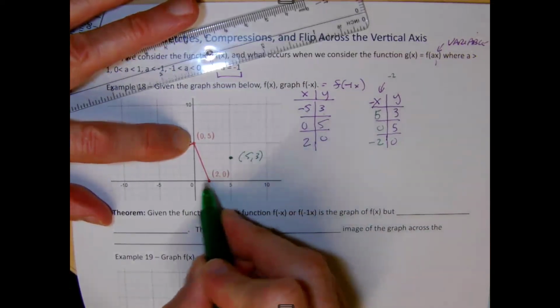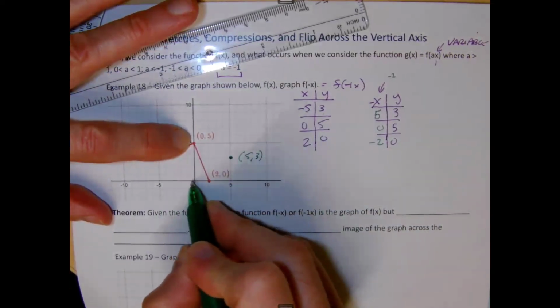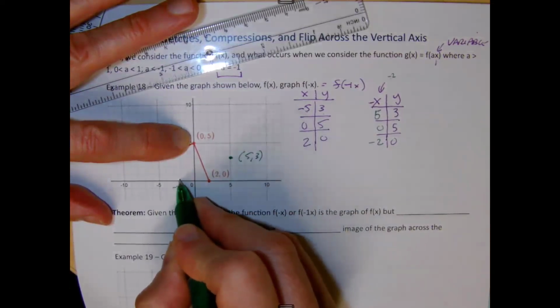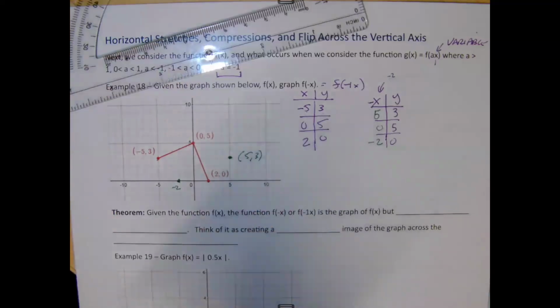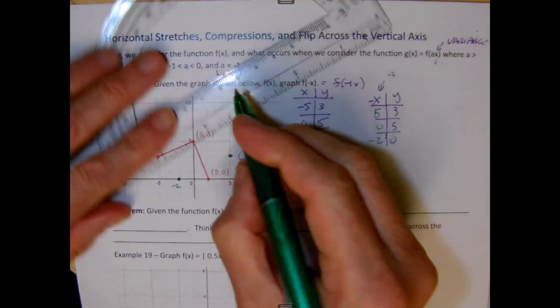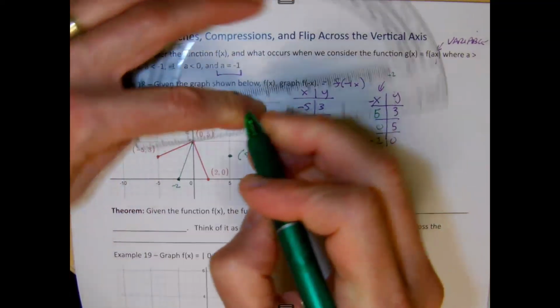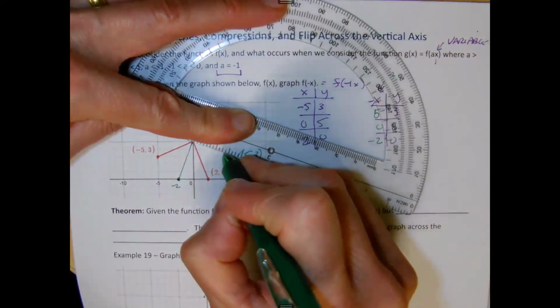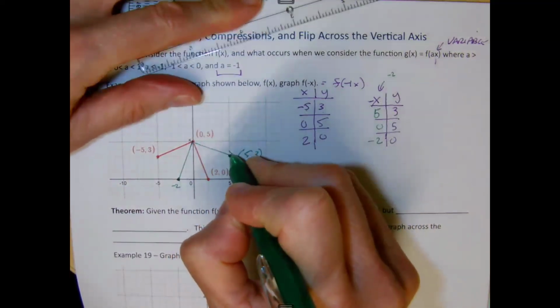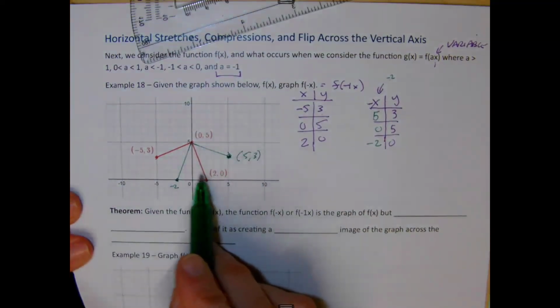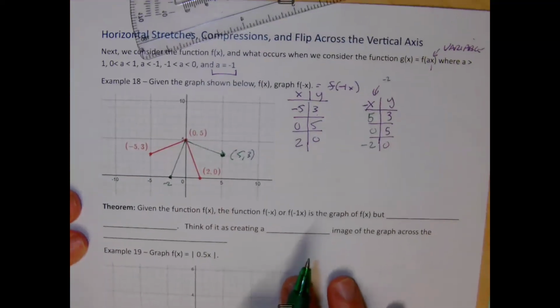And finally, 2, 0 becomes -2, 0. So it looks like the graph has flipped by joining these points. Looks like I created a mirror image across this vertical axis.